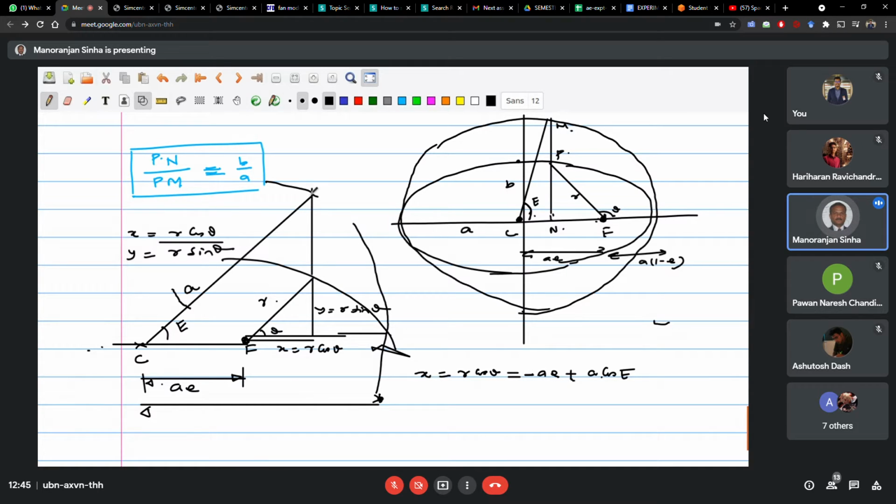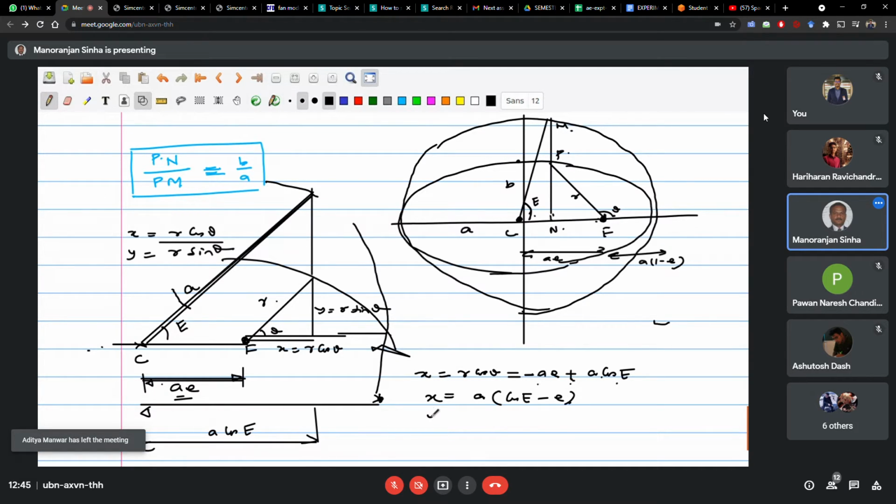So a cos E, or either this whole thing, because of the behavior of the circle we have made. So this becomes a cos E, and from there we are subtracting this, minus ae. So a cos E minus ae, and by simplifying it becomes a times cos E minus e from the previous figure.